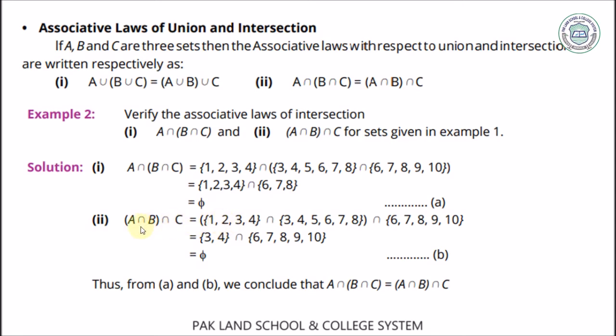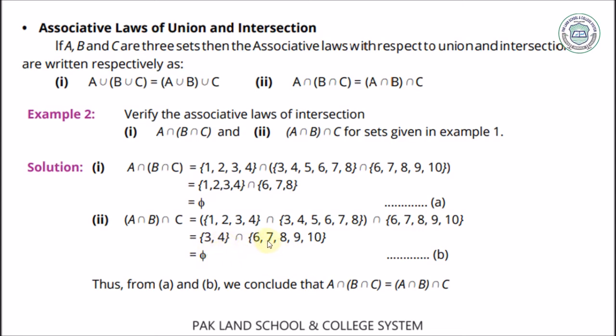Second is (A intersection B) intersection C, where A set is 1, 2, 3, 4. First we find the intersection of A and B, then take the resultant set's intersection with C. So (1, 2, 3, 4 intersection 3, 4, 5, 6, 7, 8) enclosed in a round bracket, intersection 6, 7, 8, 9. The intersection of A and B is 3, 4, and the C set we have written as it is.